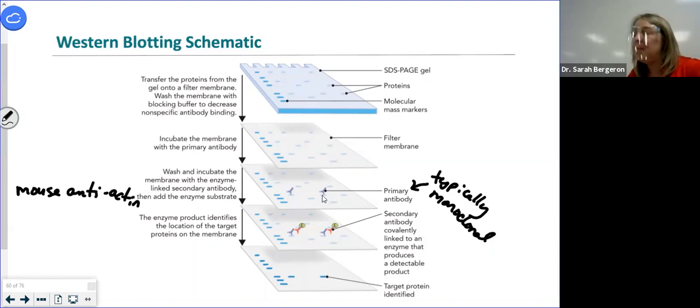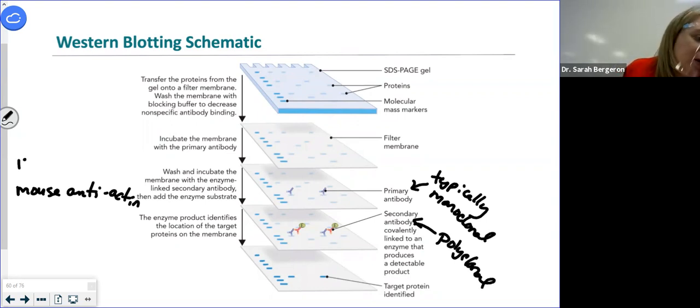So it's an antibody that was produced in the mouse and will recognize an epitope on actin. Okay, does that make sense? Now, I wash my membrane. I make sure to get rid of anything that's not bound. And then I add a secondary antibody. This secondary antibody is typically polyclonal.